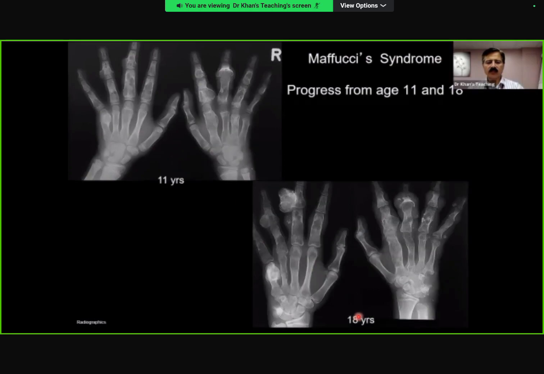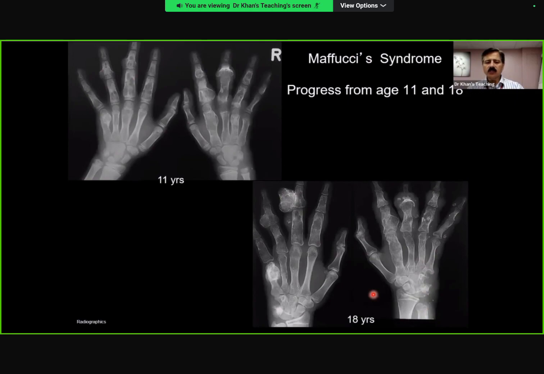This is at the age of 18, and see how it has grown. And these patients at times might have amputations in the interval because it will be very difficult to carry this finger. Having said that, you can understand now that multiple phleboliths are there, and there is scalloping, and this scalloping means that some soft tissue tumor is sitting there.